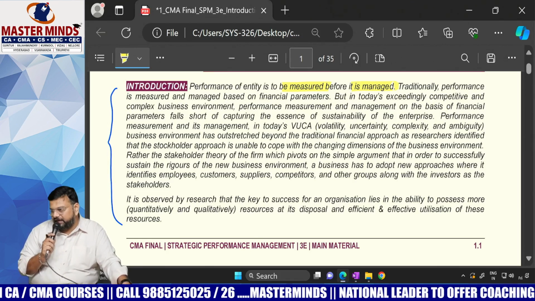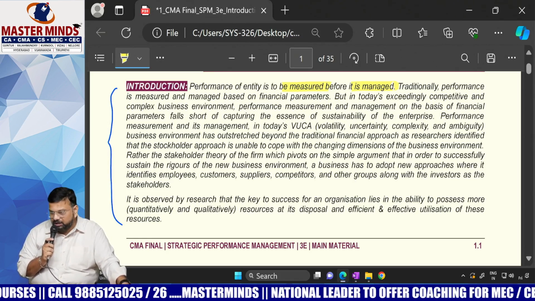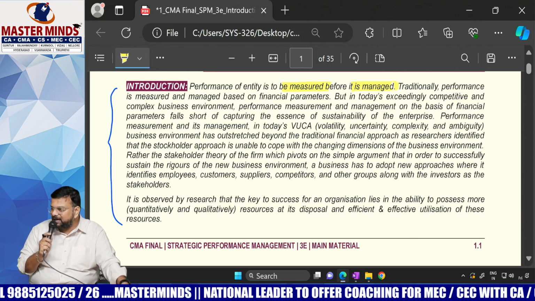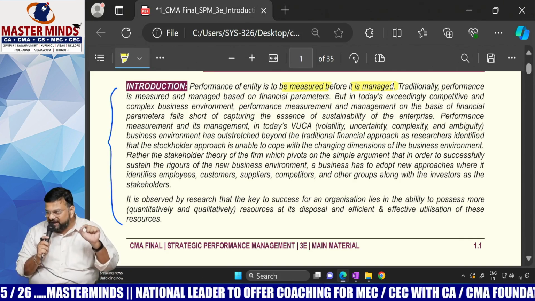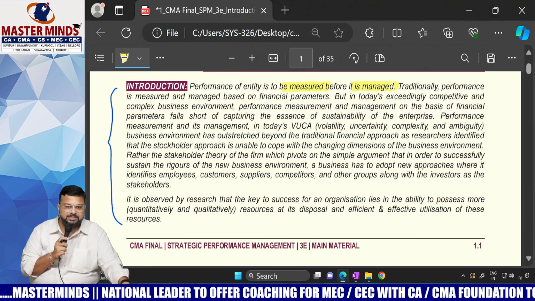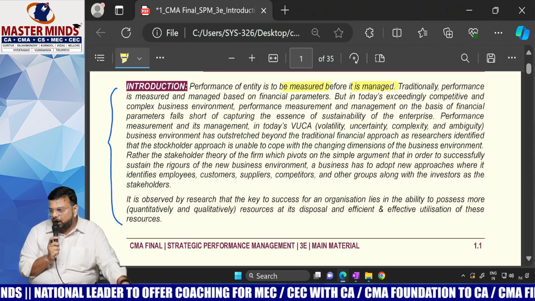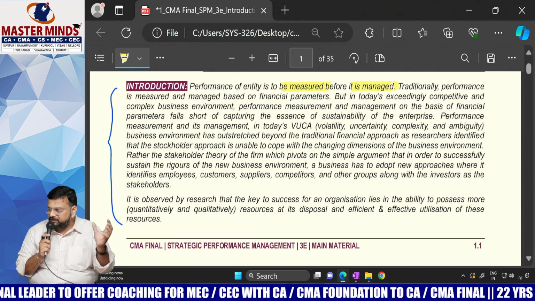Nowadays, if you want to know the true performance of a company, not only do you have to take into consideration financial parameters, but also non-financial parameters. That means you have to focus on both financial as well as non-financial. Then only you will get the complete picture of the company.